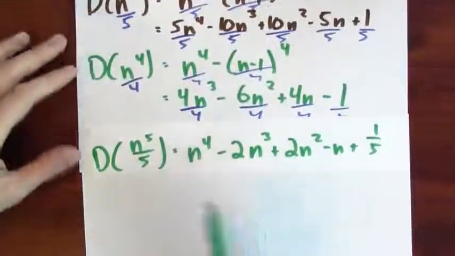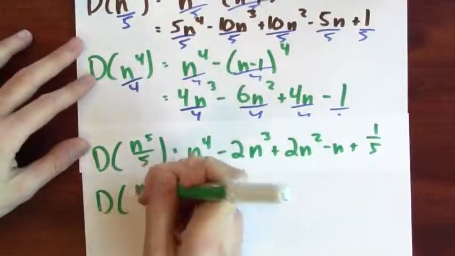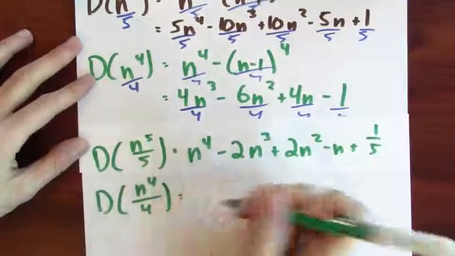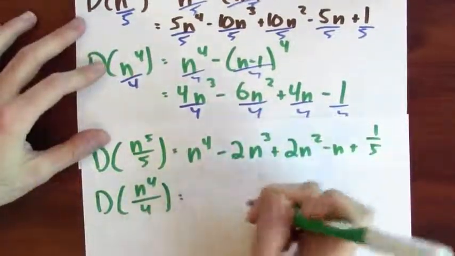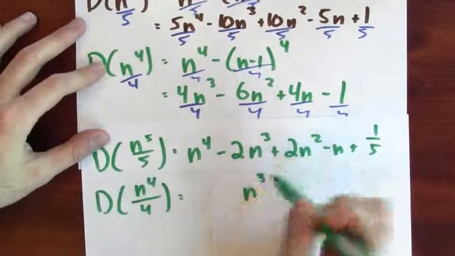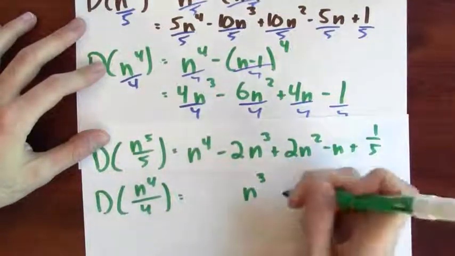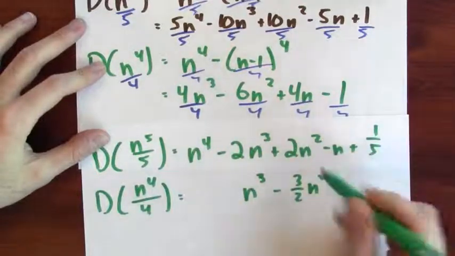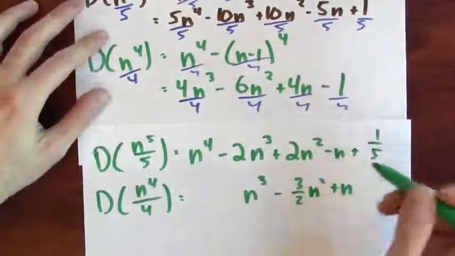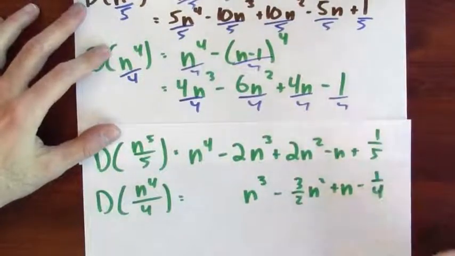And I get a similar kind of formula for looking at differences of n to the fourth over 4. It's this divided by 4, and that'll give me an n cubed minus 3/2 n squared plus n minus 1/4.